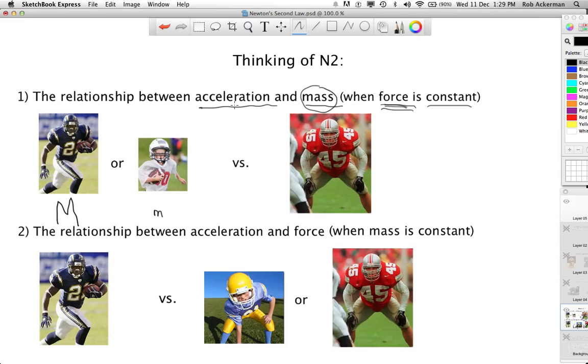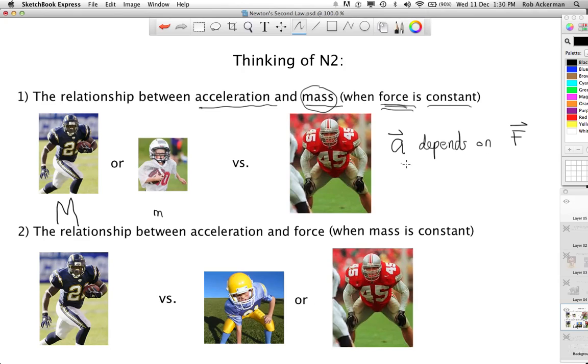Okay, and you're back, and I hope you thought, well, the really powerful linebacker, when he exerts a force on a heavy player like this, is probably not going to have as much effect as if he hits a really light player. So what we're trying to say here is that the acceleration depends on the force.